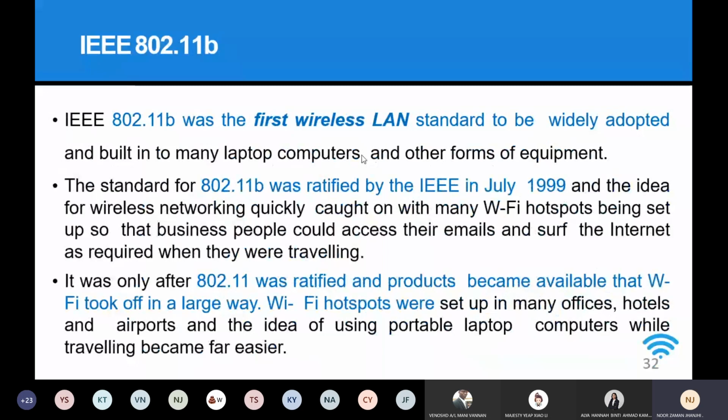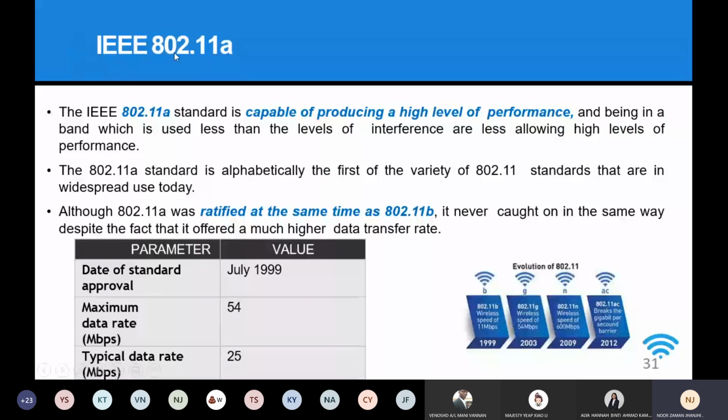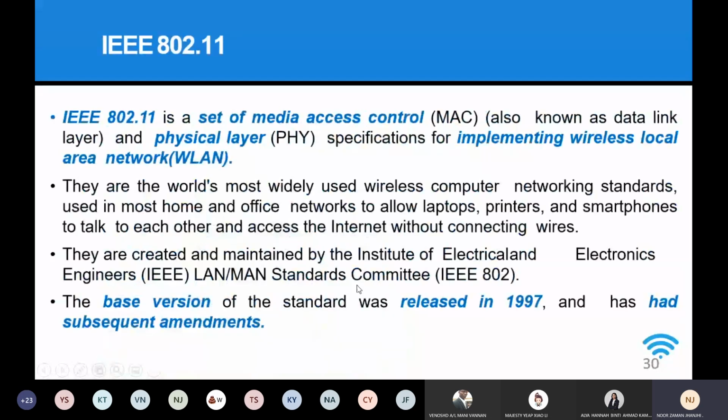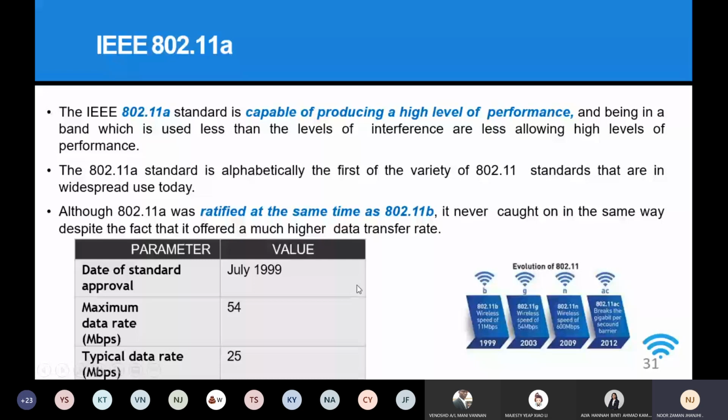If we just go back, you can see this is 802.11a. You can see from here 802.11b, 11g, 11n, 11a. This is the same thing. Here he is just trying to give us more detail about it.